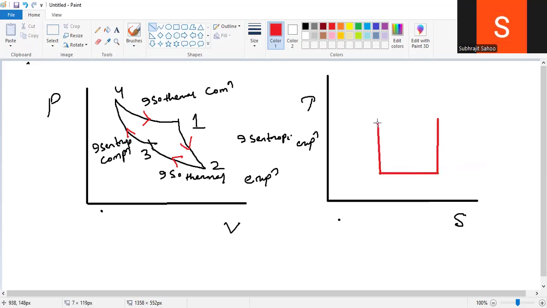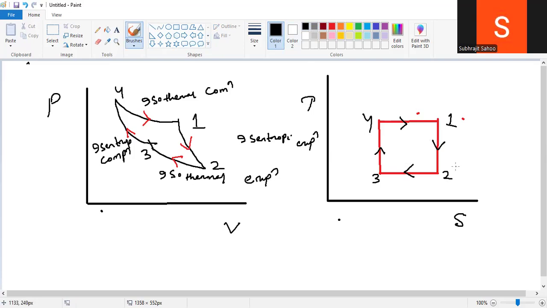Again entropy constant, and again temperature constant. So what is the name? Simple, same name we give here. So this is 1, 2, 3, 4. This is the order of execution. In this way, the cycle will move.